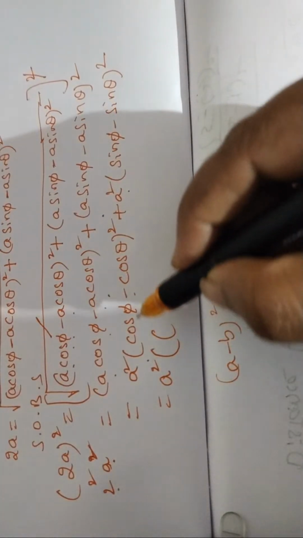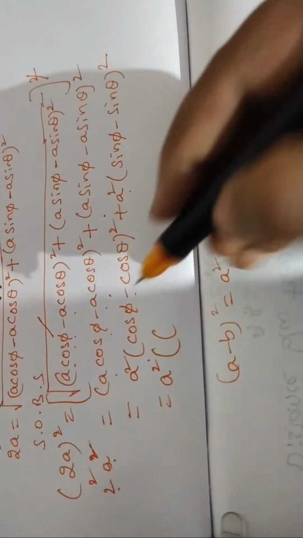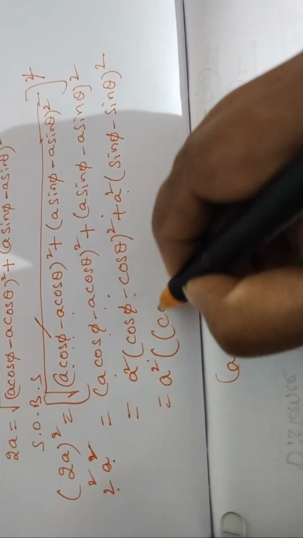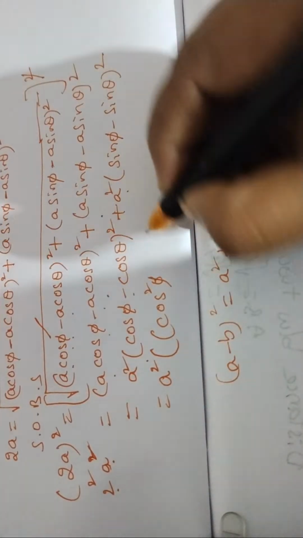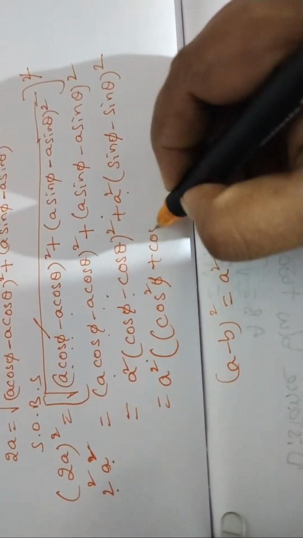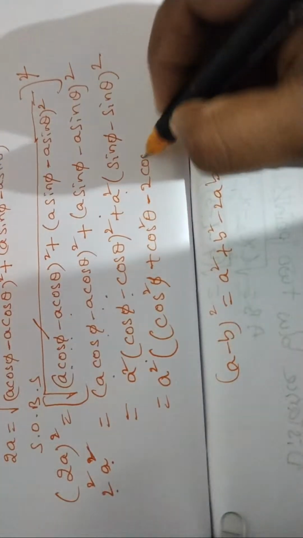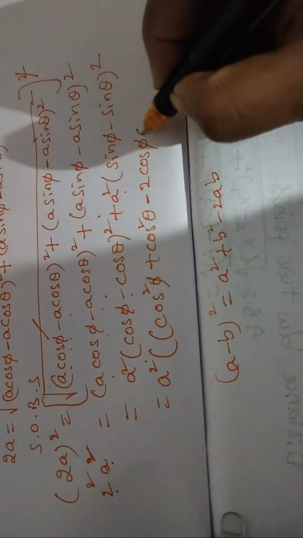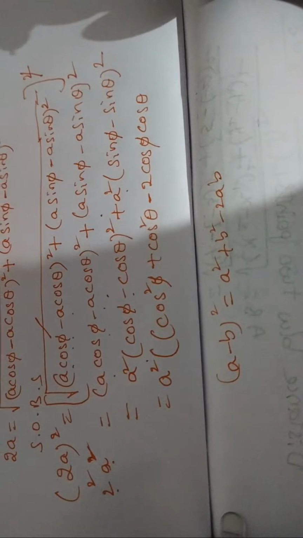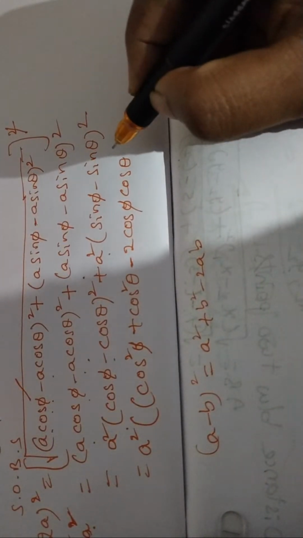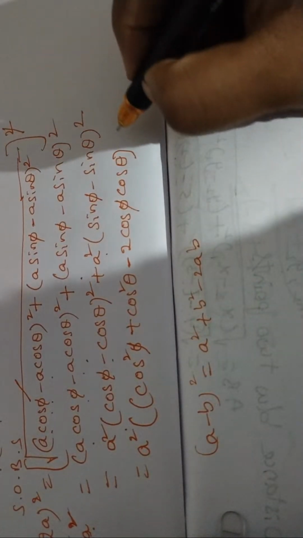A is how much? Cos phi. So cos square phi plus cos square theta minus 2 cos phi cos theta. A minus b whole square I expanded.